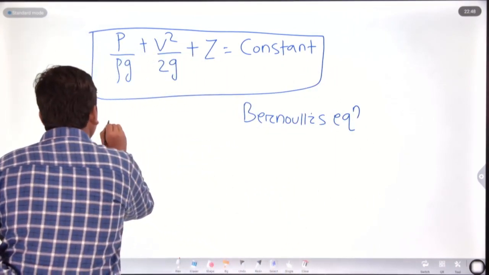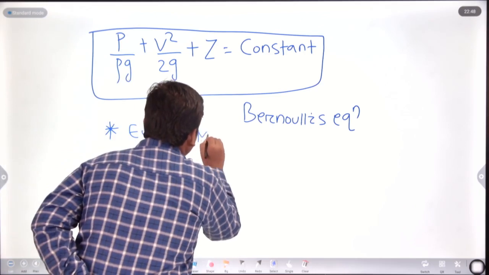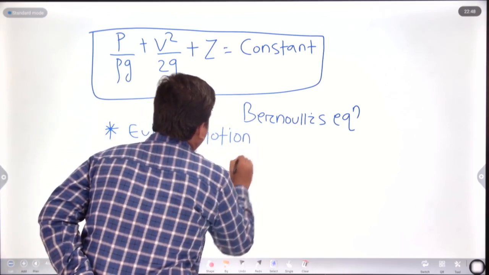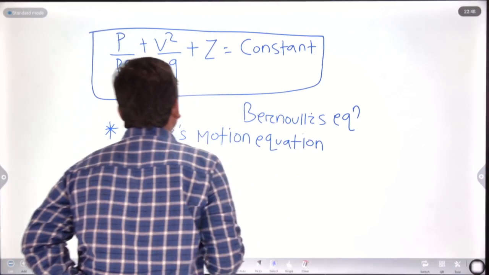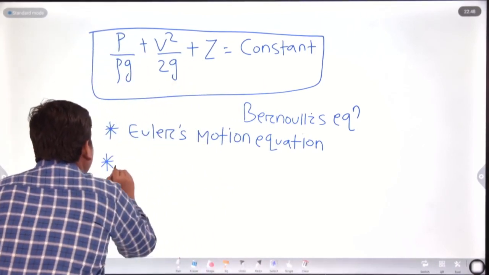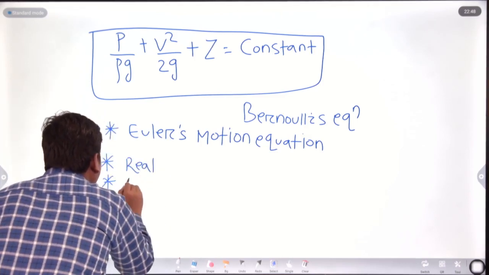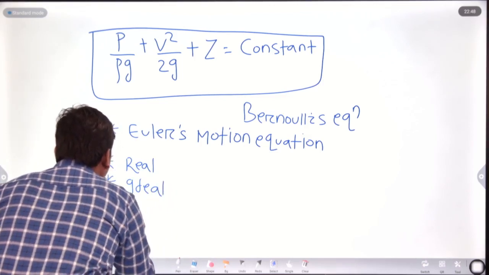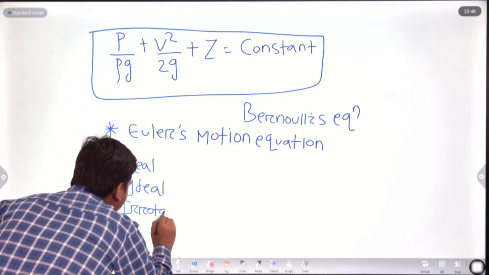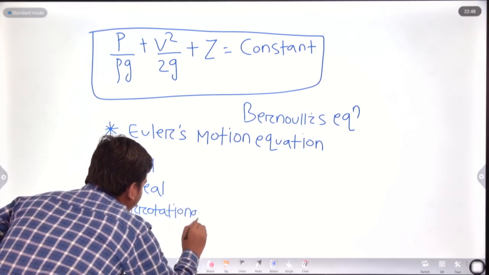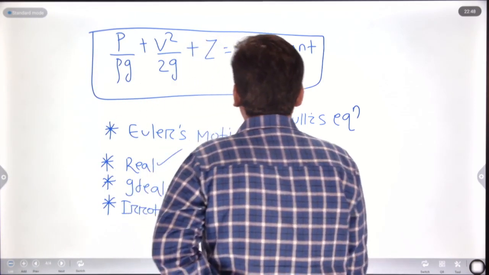This equation is derived from Euler's motion equation. Generally, the assumptions taken for Bernoulli's equation are that the fluid should be real, ideal and irrotational in flow.